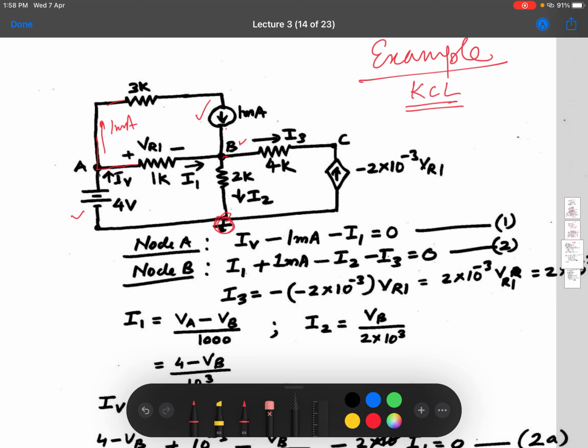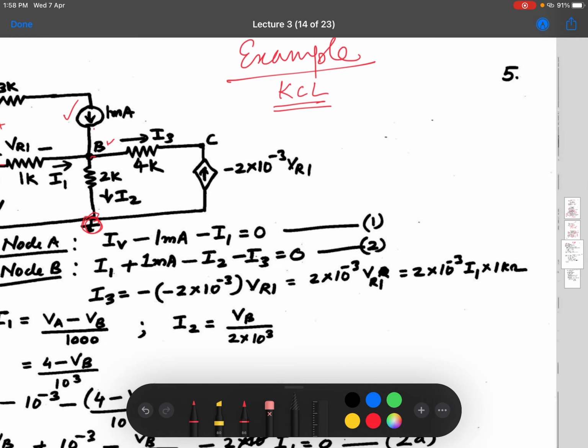Now let us substitute the values of I1, I2, I3 and so on into the equation. Current I3 is basically this current, equal to this itself, of course in the opposite direction, so minus of minus, and that is what I3 is.